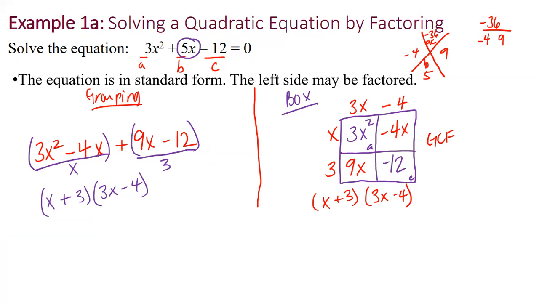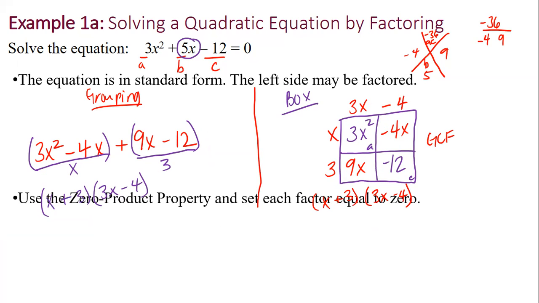Okay, so after you factor, then you're going to solve. And to solve, we use what's called the zero product property. All that means is you're going to take each factor and set it equal to 0. So we have x plus 3 equals 0. And we have 3x minus 4 equals 0. What's my first solution? Negative 3.